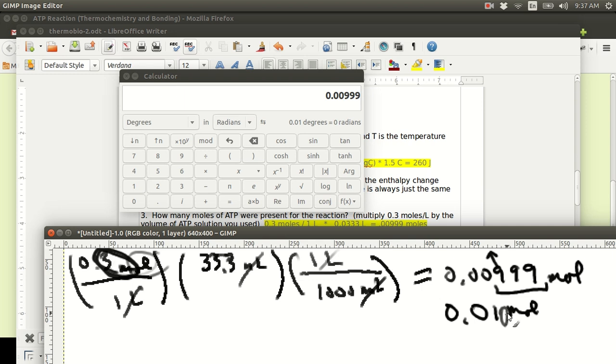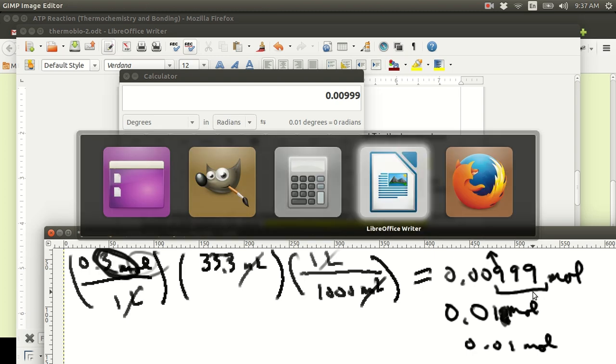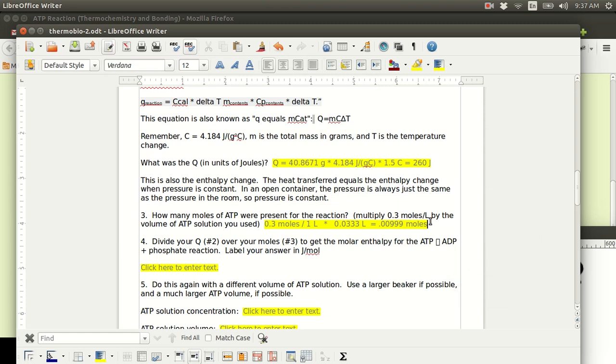This is a 10, except this 0 is not significant. So it's just 0.01 moles. That's my answer with one significant figure. So it's really just 0.01 moles for me. Again, I don't mind if you don't respect the rules of significant figures.